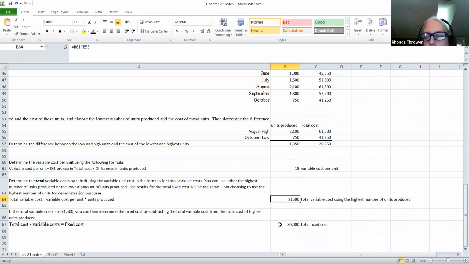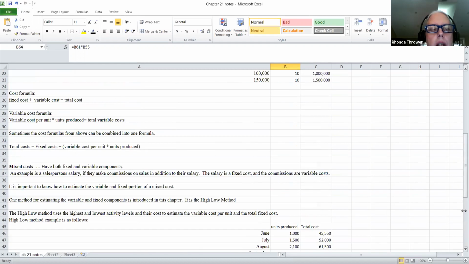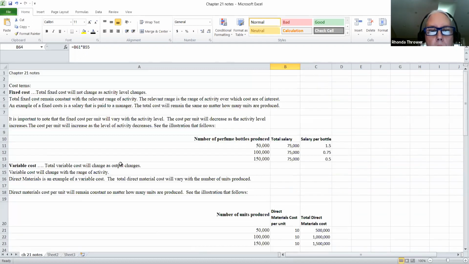The fixed cost is going to be $30,000 no matter whether you're using the highest or the lowest units in your calculations. Fixed cost in total stays the same. So it's very important that you learn the information that I've got here first.